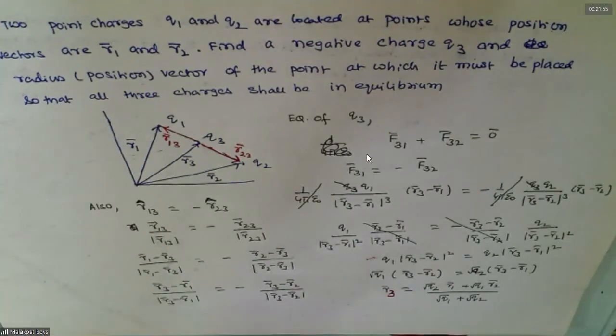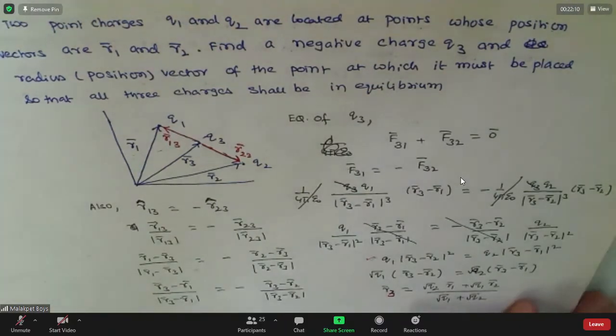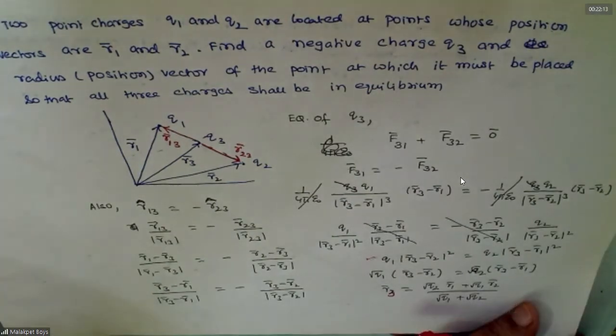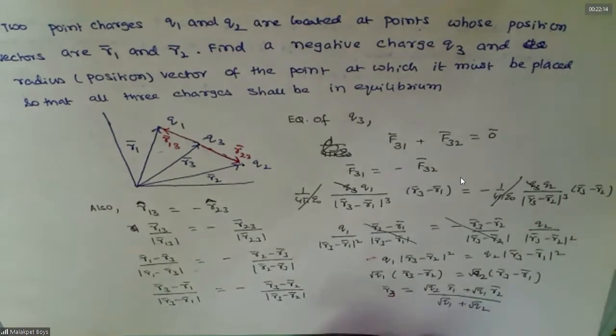What did you get? Root Q2 R1 minus root Q1 R2 divided by root Q1 minus root Q2. Okay, now check the equilibrium of Q1. You will get R3, then Q3.